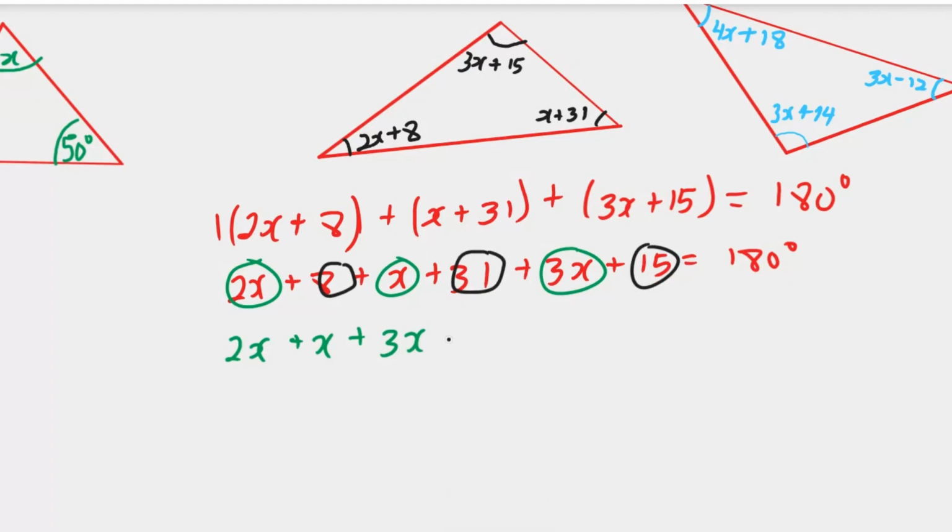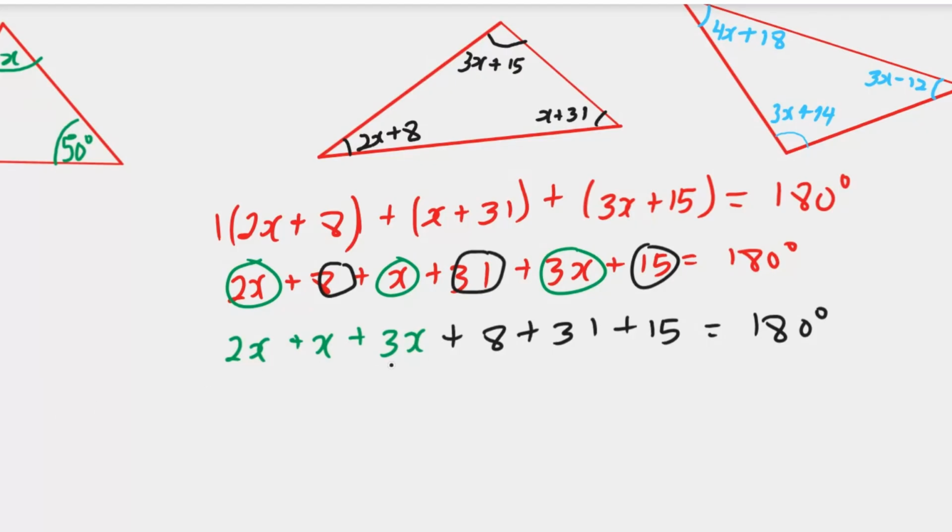So that's going to be plus 8 plus 31 plus 15, so equal to 180 degrees. So let's see, we've written all the terms. We have 1, 2, 3, 4, 5, 6. We have written everything. So now let's add them.